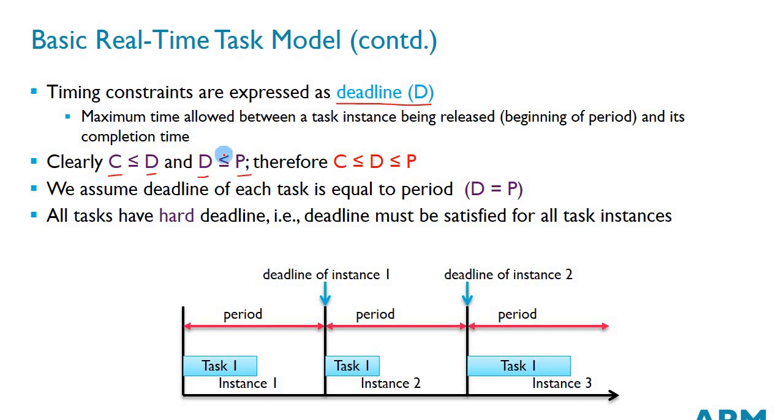And in our case, since we say that the tasks are periodic, we can conclude that the deadline is also equivalent to the period, because the period is the next iteration of the task. So before the next iteration starts, I must make sure I finish the current iteration of the task. So that is basically why we say deadline is equal to the period. And all tasks have a hard deadline. That means I have to make sure that I finish everything I need to finish before the completion of the period time frame.